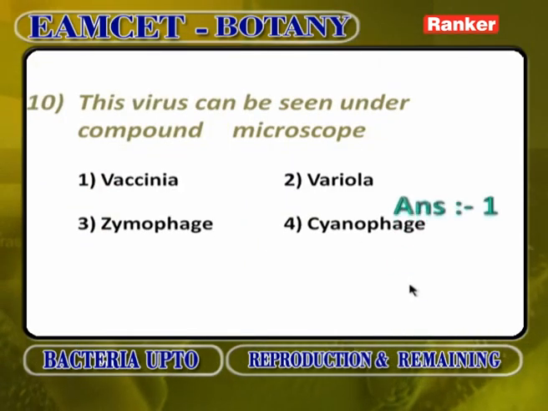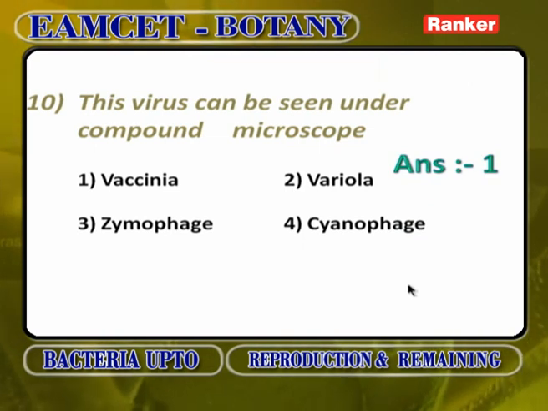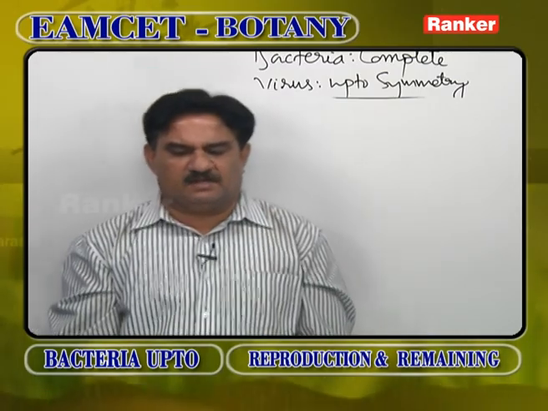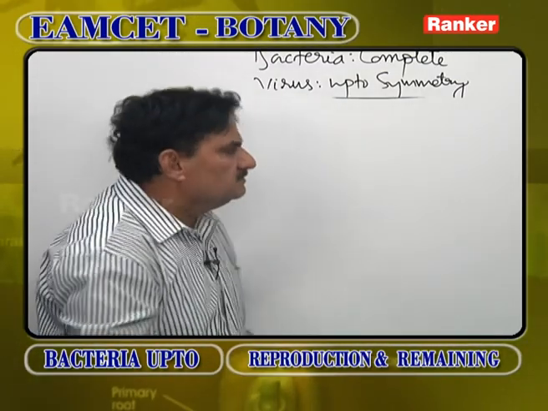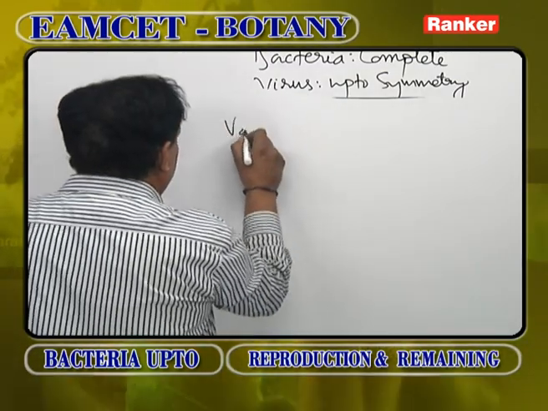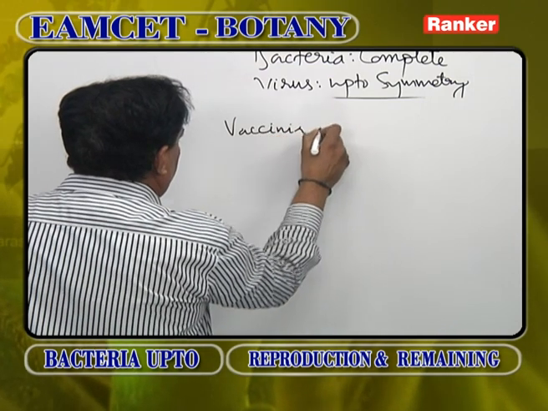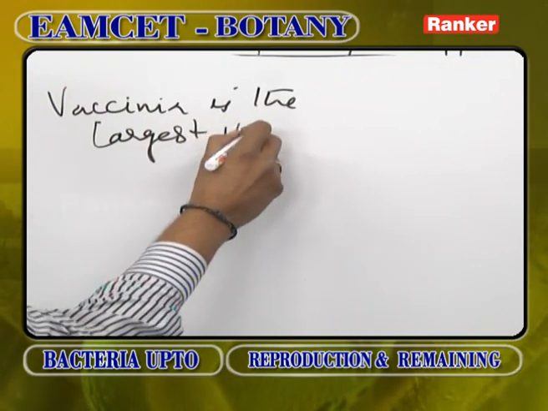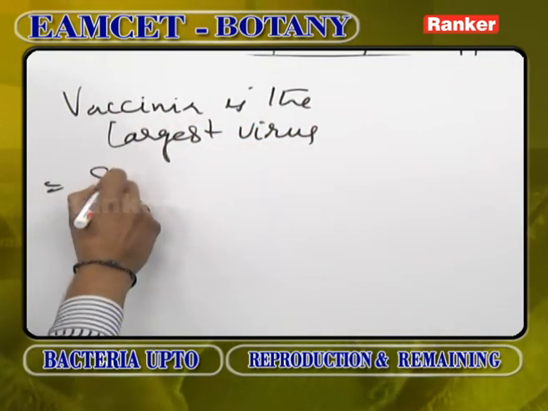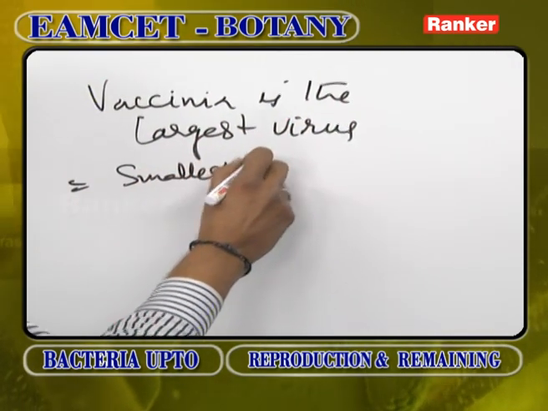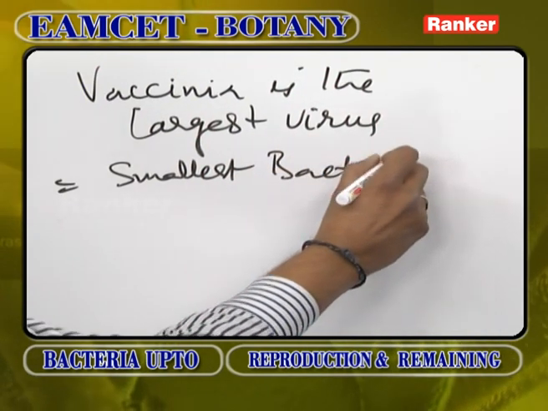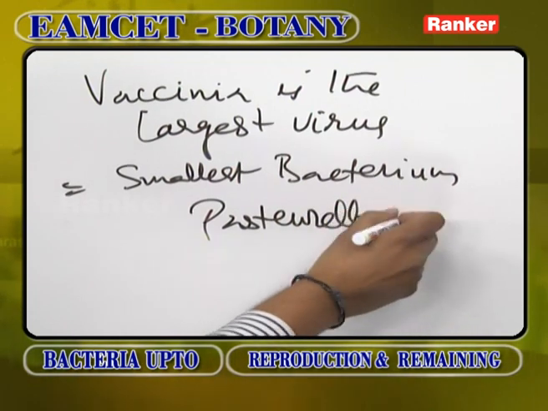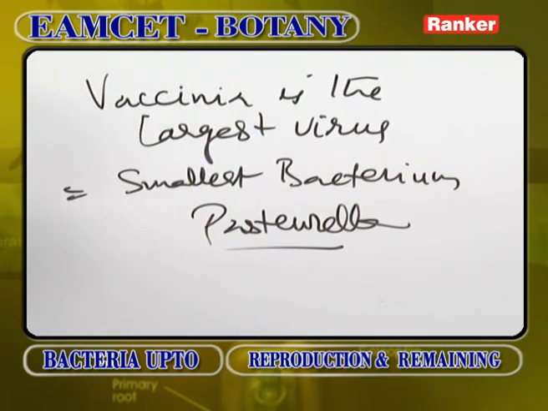Which virus can be seen under a compound microscope? Vaccinia virus is supposed to be the largest virus, but it is about equal to the smallest bacterium called Pasteurella. Pasteurella pestis is regarded as the smallest bacterium.